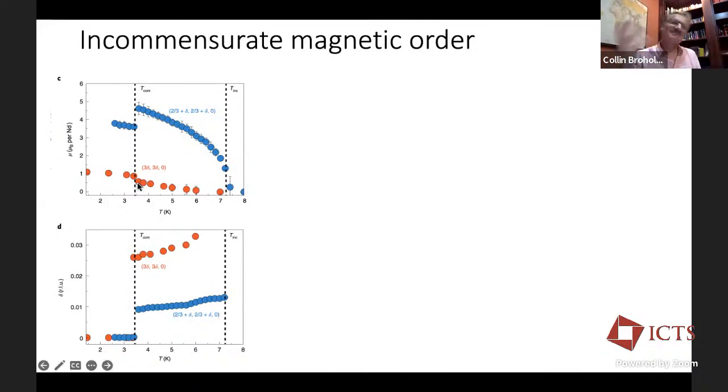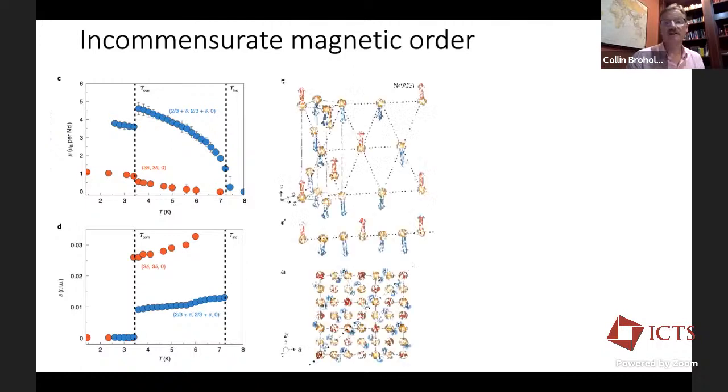As often happens in rare earth systems, this can only go on so low in temperature, and then you typically have to go into some kind of commensurate state, and in this case that becomes a ferrimagnetic state. That's when the delta incommensurability parameter goes all the way down to 0, and the third harmonic then becomes an allowed magnetic Bragg peak, which corresponds to the ferrimagnetic ordering.